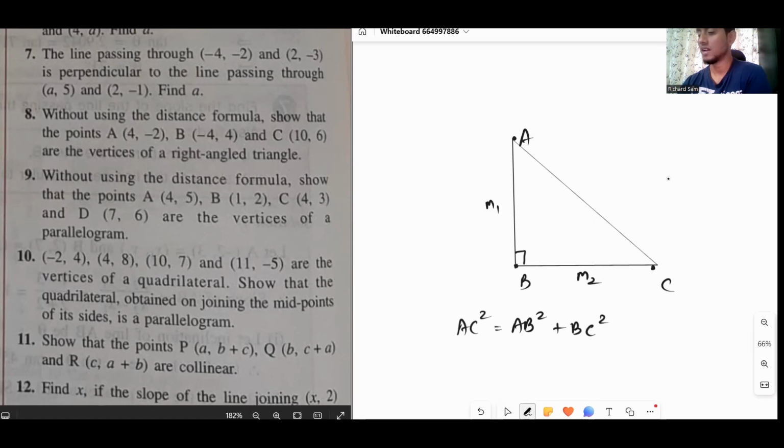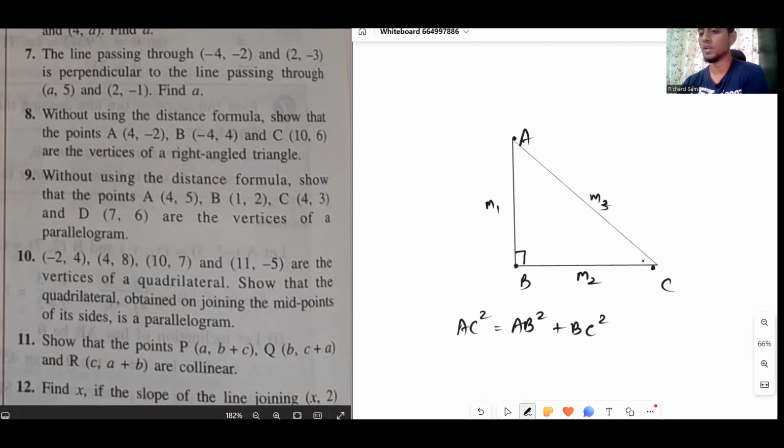Do you understand? Now, this is assuming that the right angle is at B, but we don't know where the right angle is, right? It could be at A, it could be at C also, which means you need to also find the slope of AC. We'll call that M3. Now you have to try. We don't know which one will be perpendicular. If you want to check if the perpendicular is at A, we need to multiply M1 into M3, and we should get minus 1.